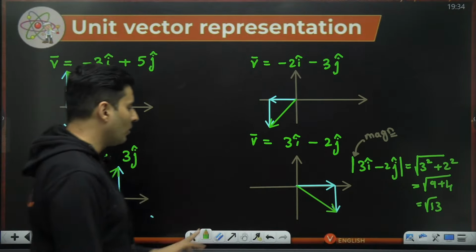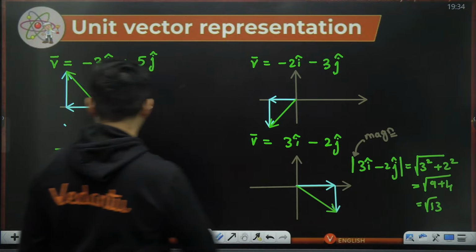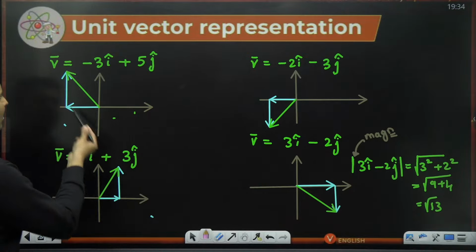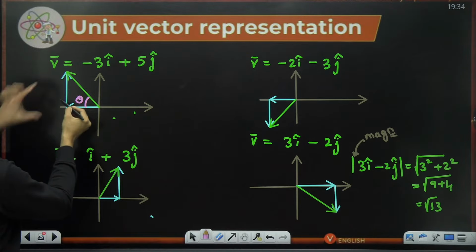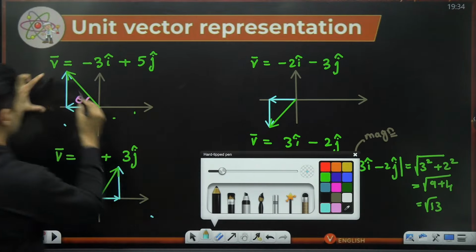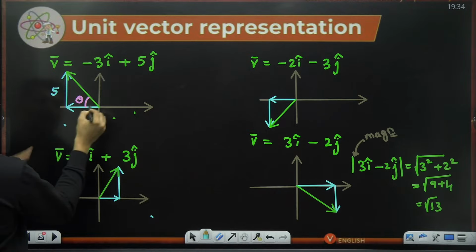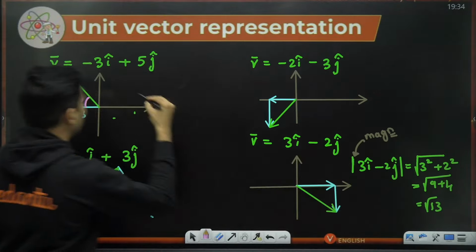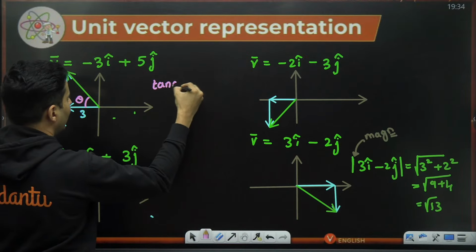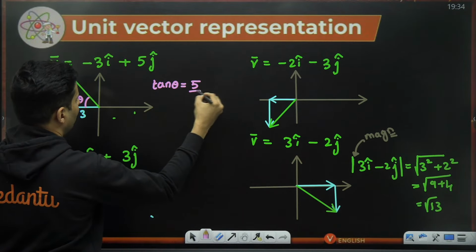If somebody asks you what is the angle made by, let's say, for example, this vector with the negative x direction. So quickly, I want to find this angle, no issues. I know the height of this. Height is basically 5 units. I know the base of this. This is 3 units in length. So quickly, I can use the ratio of tan theta. So tan theta will be opposite by adjacent.